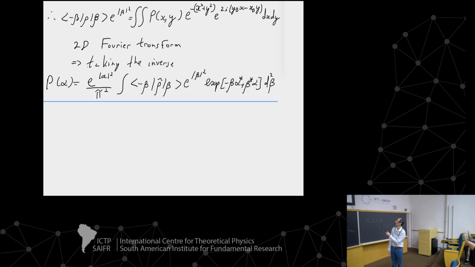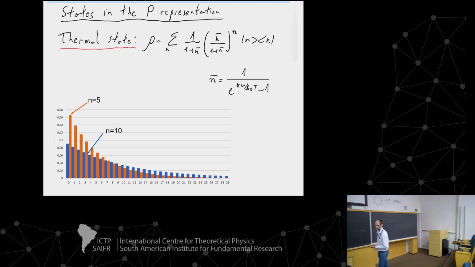What you have at the end, when you integrate over alpha, will be also an exponential for alpha. It's a way for you to write P once you have rho. It's just the 2D mapping that you have.